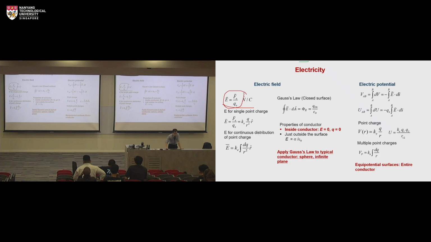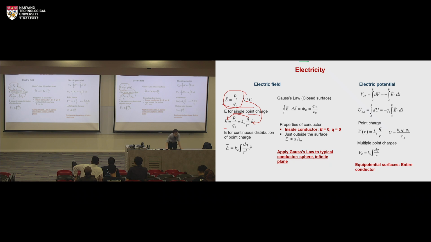And we can apply the formula by definition for different types of charge. Of course, the most simple scenario is single point charge, right? And you apply this general formula to this simple scenario, you will find out this is E due to 1 point charge Q. So now you have this electrical field E due to 1 point charge Q at the location at the distance R. Right?